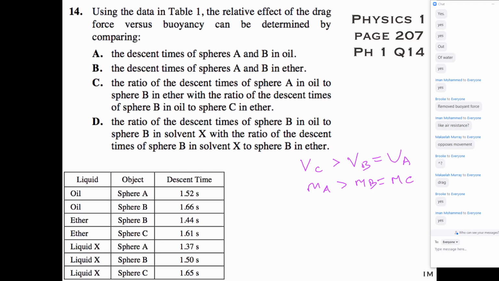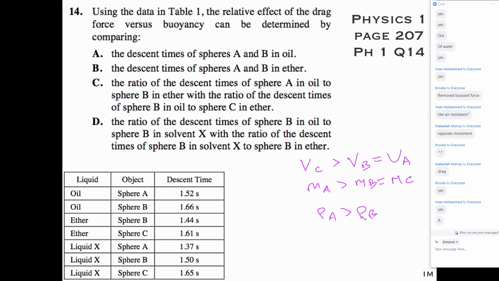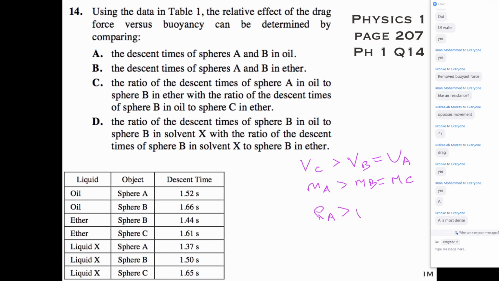Which is the heaviest with the smallest volume? Let me be better with my symbols because those are rho and I don't want to mistake it for pressure. Hopefully that seems okay. A is most dense, perfect.